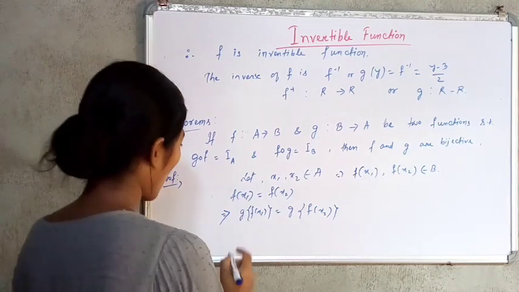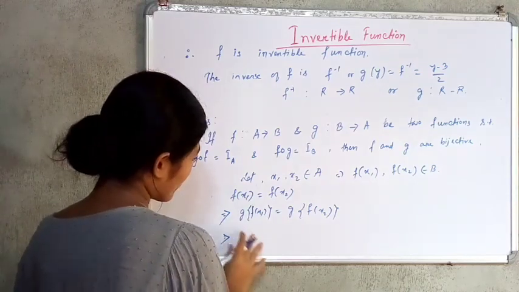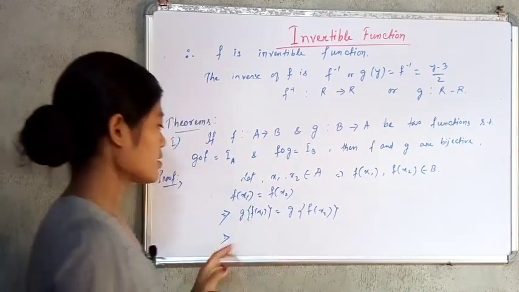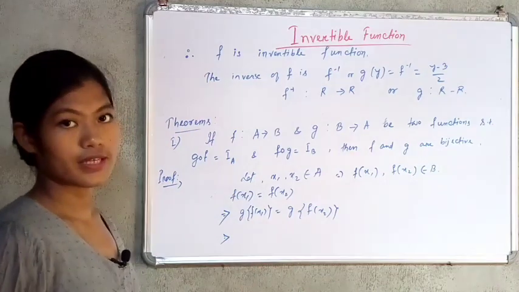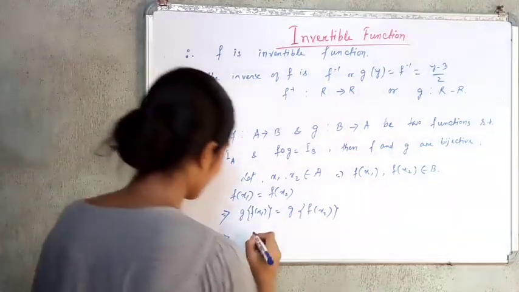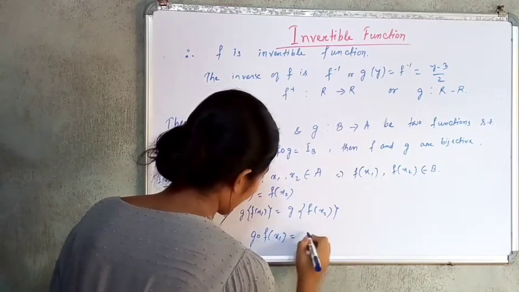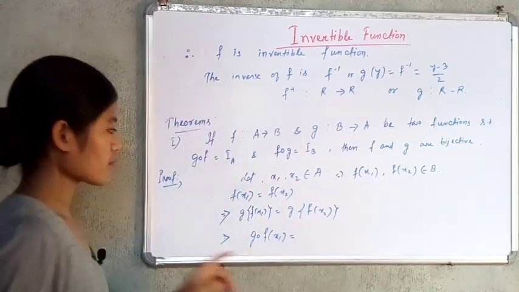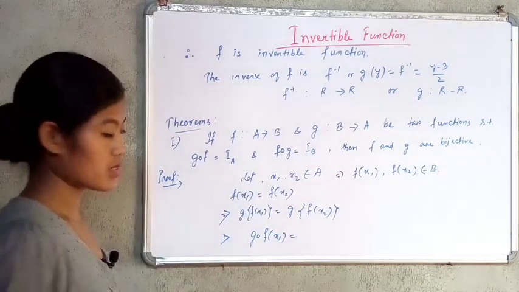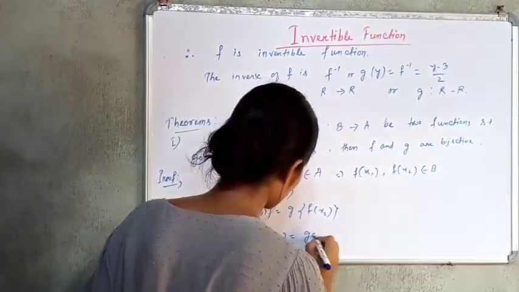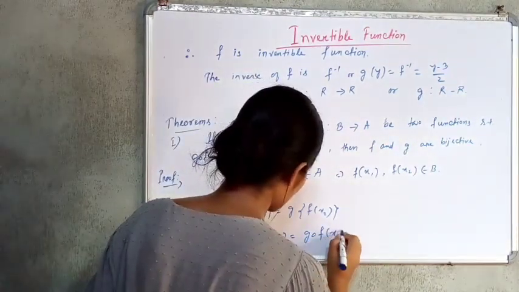We know that g of f of x1 is nothing but the composite function g o f of x1, and here, g of f of x2 means g o f of x2.